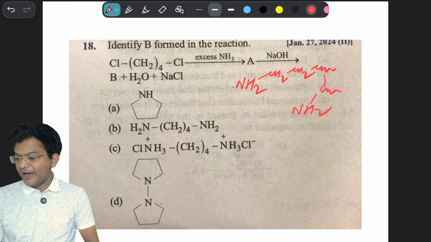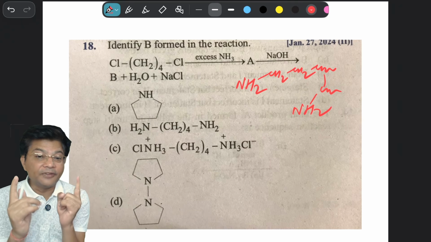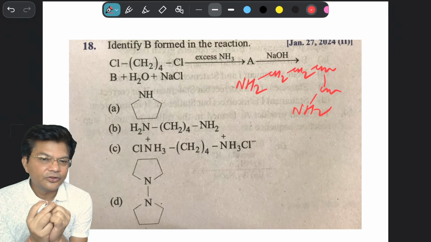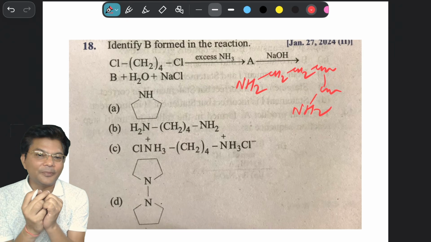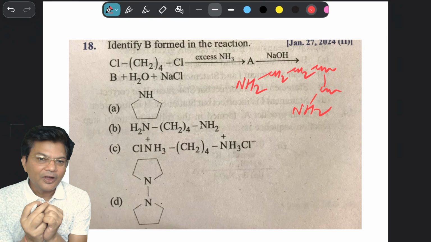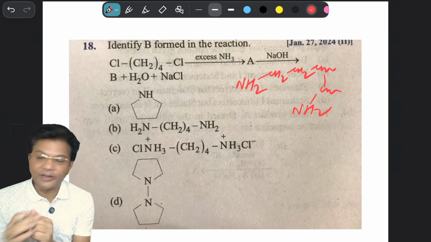Excess of ammonia I have done. NH2 I have got. Now they are writing that NaOH is reacting. OH negative will come and it will take away acidic H. If it is going to take acidic H, what will happen? NH negative will get formed. And NH negative will do what?